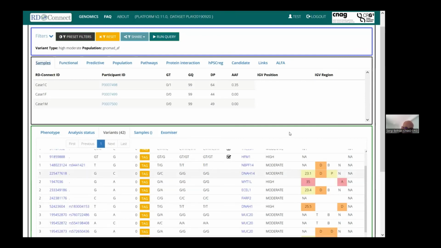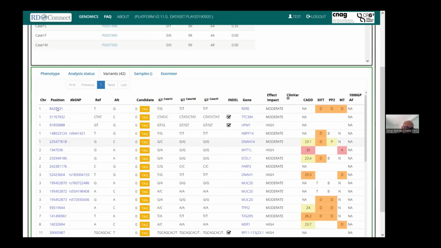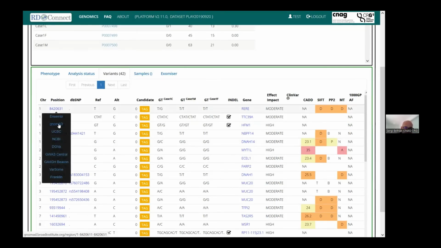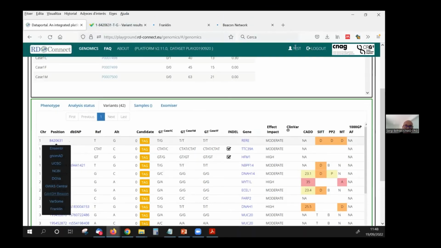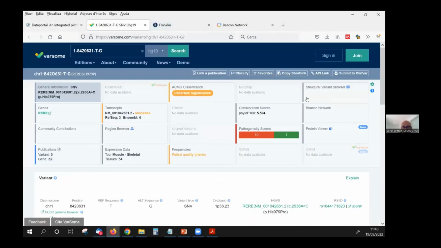And then from the bottom, there are lots of links that bring you to other useful information, in VarSome or Franklin, or also, for example, the GA4GH. Let me just look at that quickly. So this is VarSome, and this helps us tell if a variant is deleterious or pathogenic.